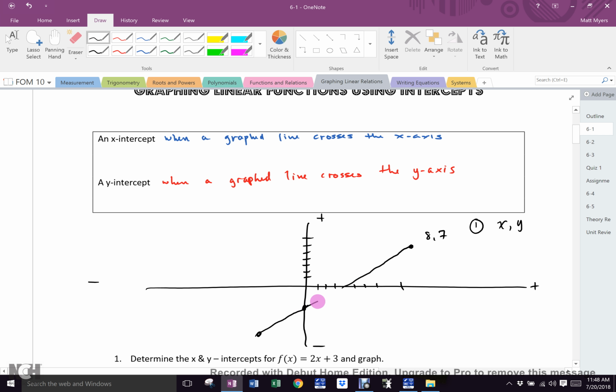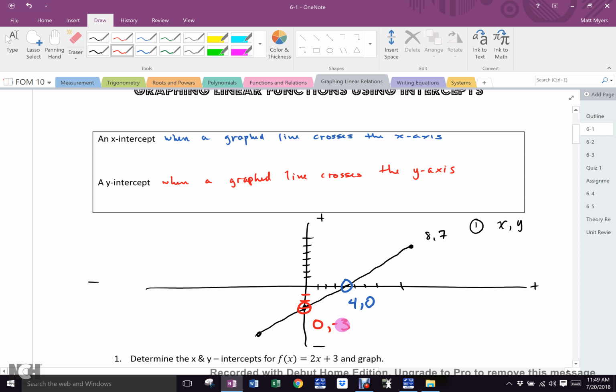Sorry about that. What is that intercept point? Is it a point on the graph? Yes, which means it has how many numbers associated with it? 2. What are they? 4, 0. Agreed? Okay. What is this value? Damn it! It's supposed to be red. What is this value right here? 0, -3.